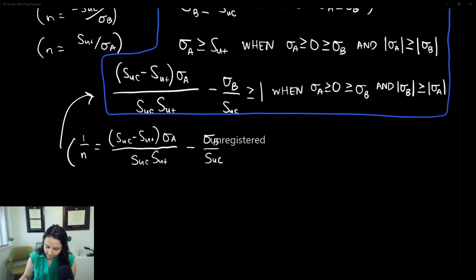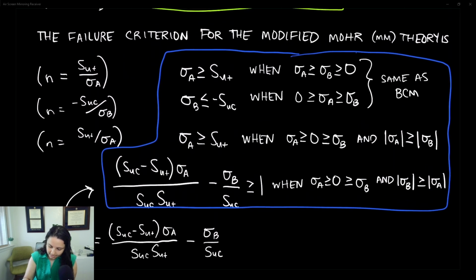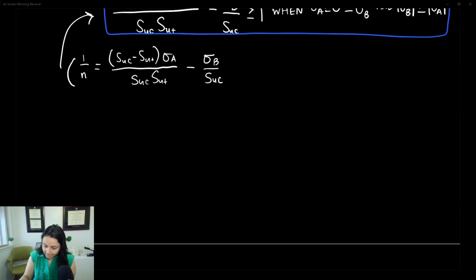For this third line, we're going to continue the straight line from this top one up until the point where sigma A and sigma B are equal to one another, which, in other words, is going to continue until we cross over the line of SUT.